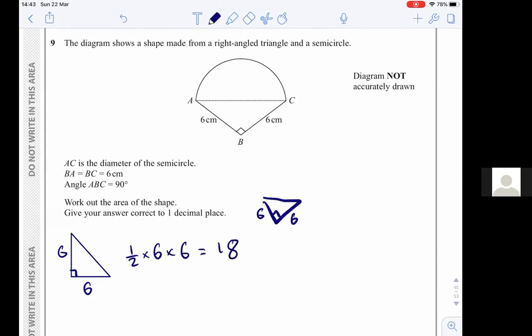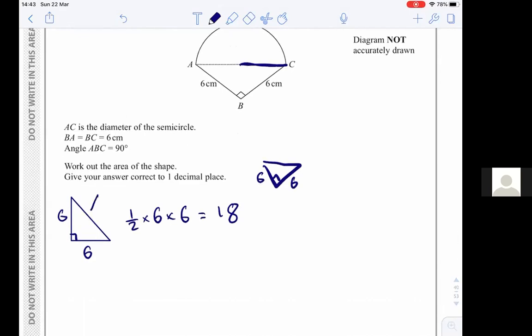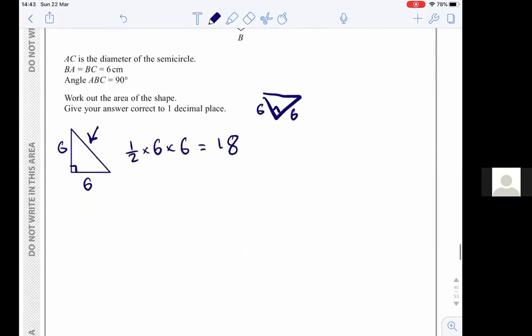Okay, now to work out the area of this semicircle, first I need to work out the radius. How can I work out the radius? Well, I can work out the diameter by using Pythagoras to work out the hypotenuse of the triangle. So a squared plus b squared equals h squared. I write it this way so I remember it's the hypotenuse on its own.